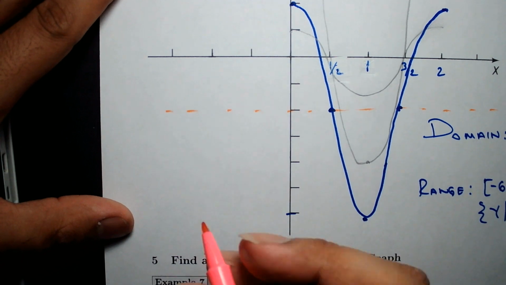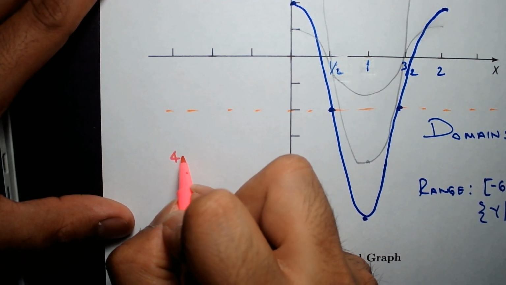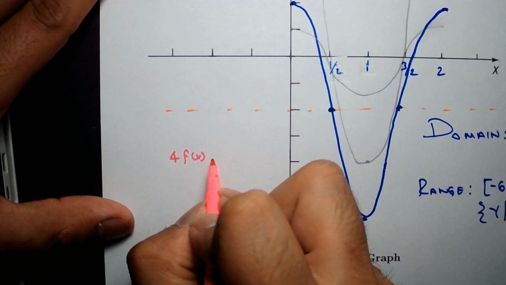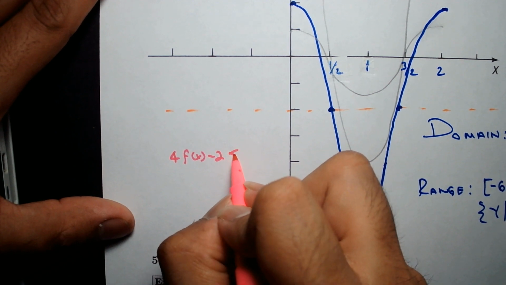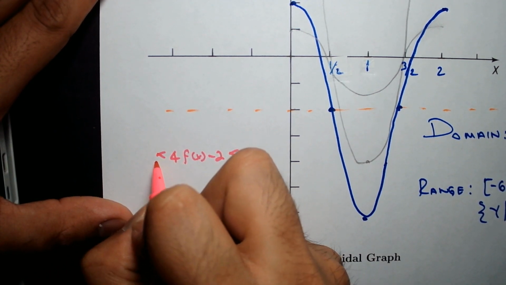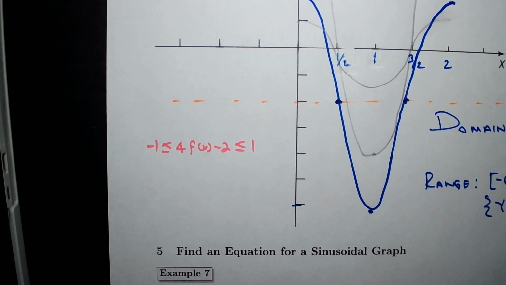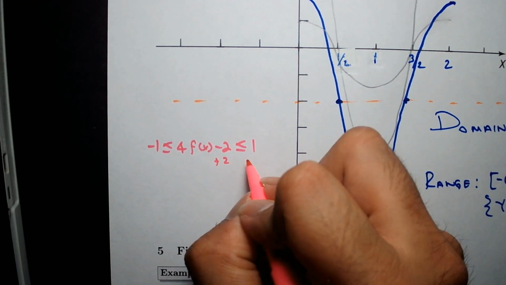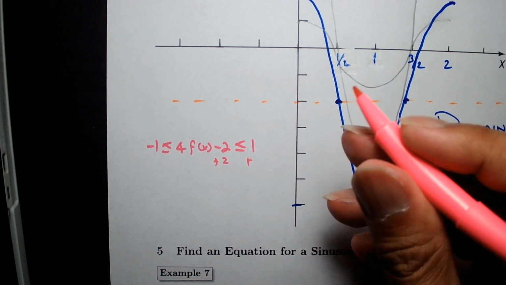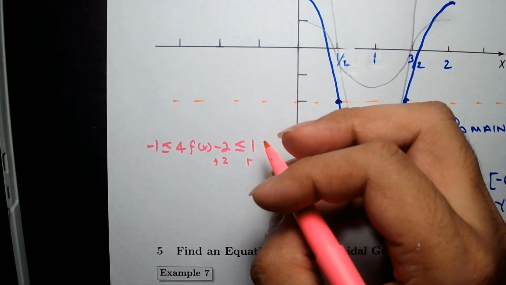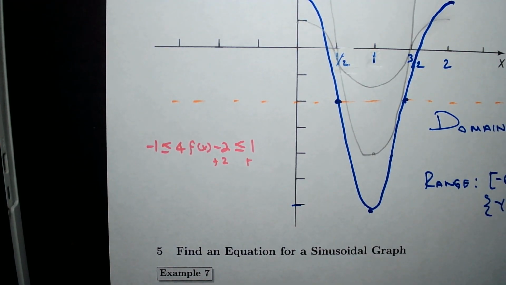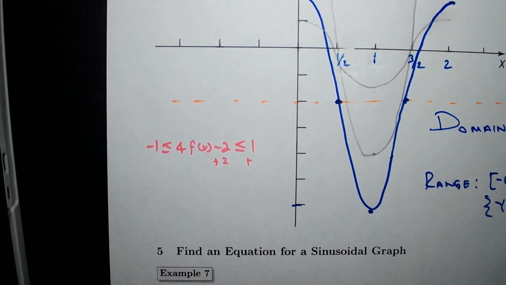What I'm going to do is set f of x minus 2 less than or equal to 1, greater than or equal to negative 1, and I'm going to solve this for f of x. So what we do is add 2 to this... well, not actually.